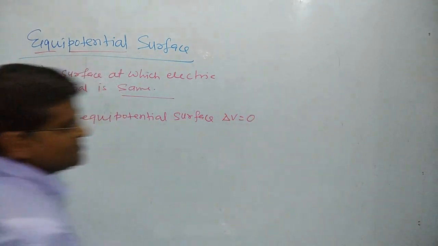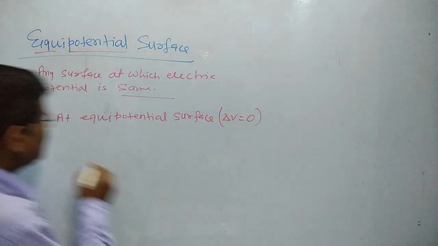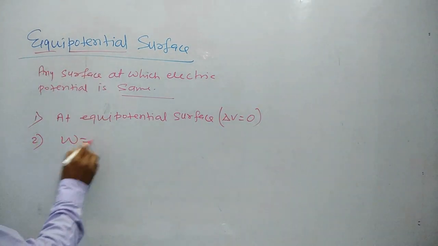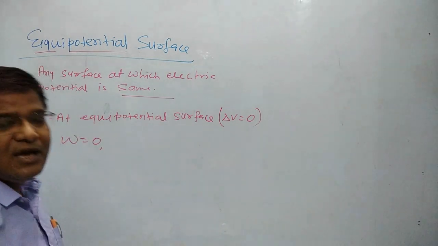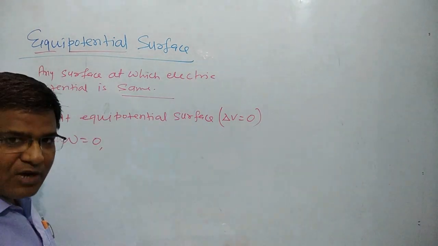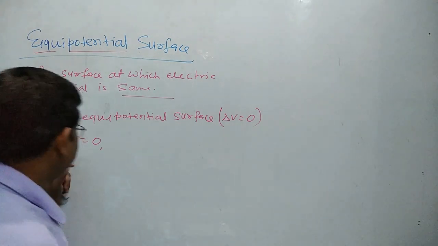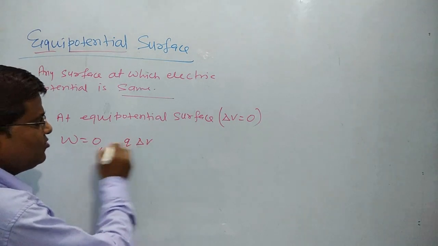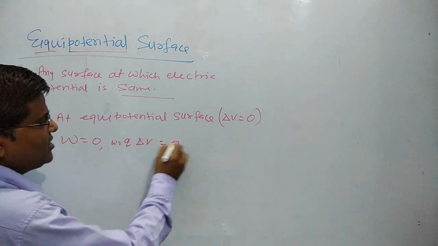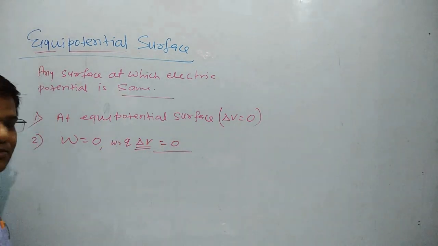The property of an equipotential surface: the change in potential is 0 and work done is also 0. This means when you bring a charge from one point to another on an equipotential surface, the work done becomes 0. W equals Q times delta V, and it becomes 0 because delta V is 0.